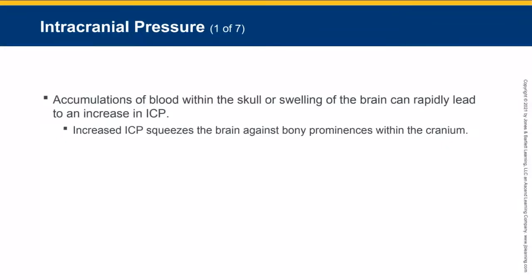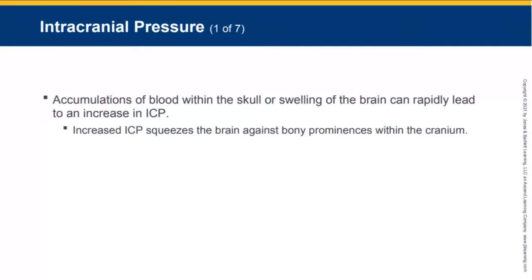If something alters this pressure, it can cause complications for the brain, and it can be altered from blood or bleeding occurring on the brain, and it can be altered from the brain itself swelling. So bleeding and swelling can cause an increase in intracranial pressure.